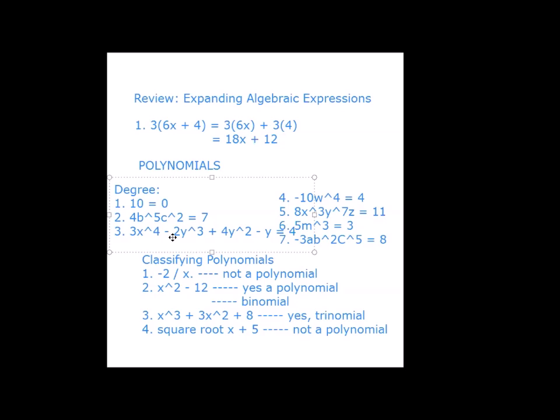So the monomial 4b to the 5th power c squared has a degree of 7. The degree of a polynomial is the same as that of the term with the greatest degree. For example, the polynomial 3x to the 4th power minus 2y cubed plus 4y squared minus y has a degree of 4.